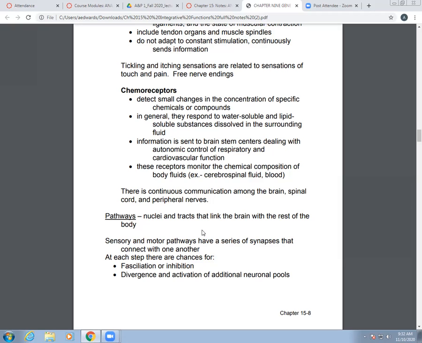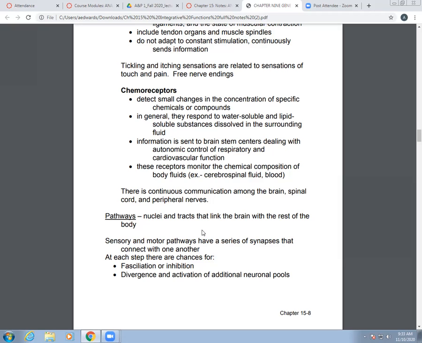So if you have high concentrations of O2 or CO2, you have receptors that can tell that and adjust your breathing and your cardiovascular function in order to get you back to homeostasis. Because they're dealing with things that are more autonomic, the communication with the brain is continuous, as well as with the spinal cord and other peripheral nerves.